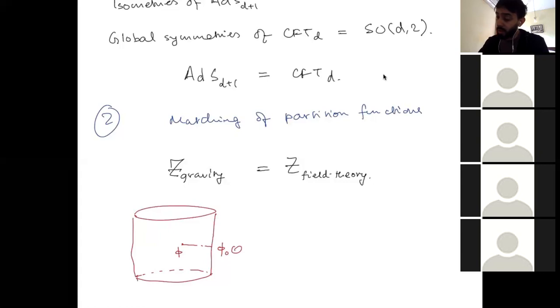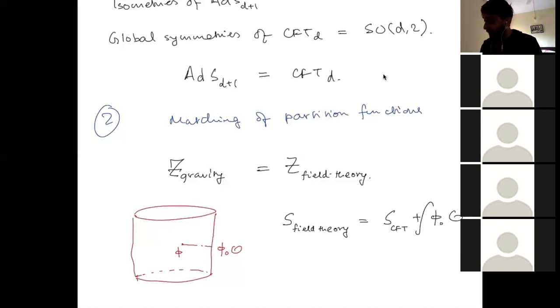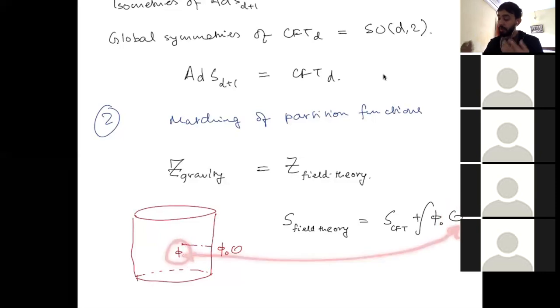So with your action S of the field theory, you need to add S total, which is S_CFT plus the integral of phi naught O. This is a source for the operator O, and O is the operator dual to this field in the bulk.